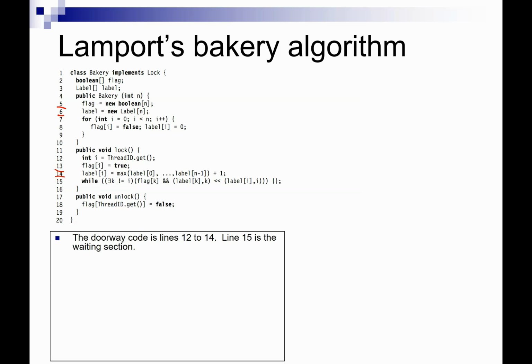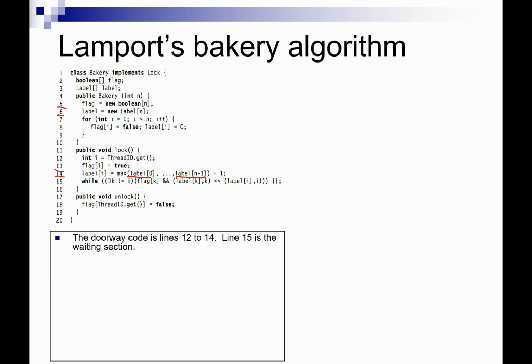If I see a bunch of other threads already waiting in the doorway, so they've all got their tickets, it's no fair if I take a smaller ticket. So I should take a larger ticket. What I'm going to do is read everybody else's label, take the max of those values, and then add 1. So I take a ticket that's larger than everybody else's ticket.